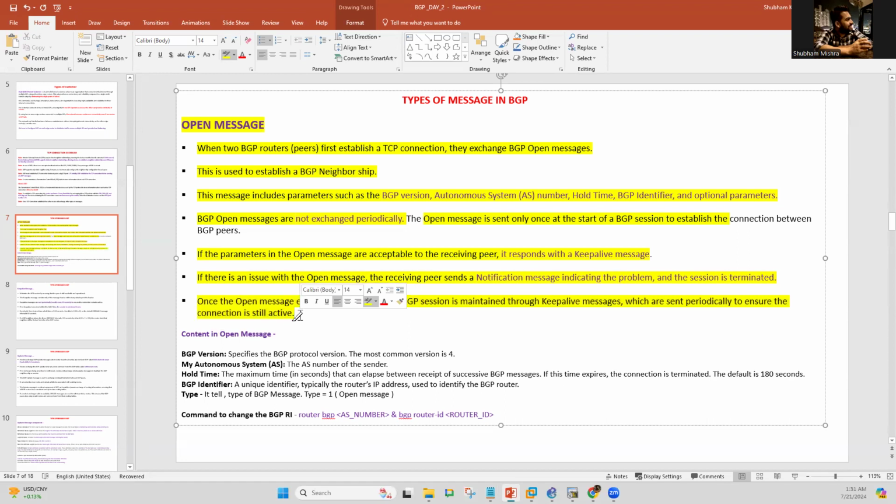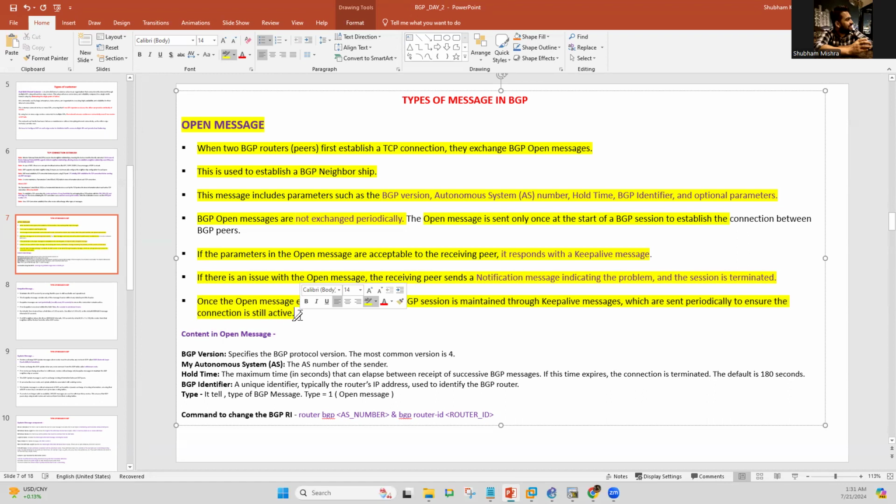For example, router 1 and router 2 have both already exchanged the open message. Let's suppose everything is fine and all the parameters are fine. I already told you the open message is exchanged only one time. So now both routers exchange the keepalive message. And what is the use of the keepalive message? We will discuss these things later in detail.